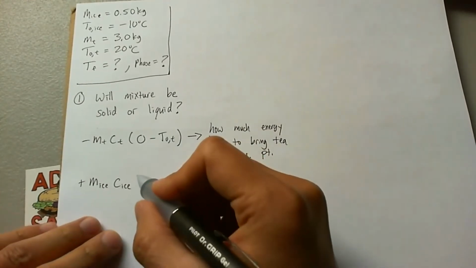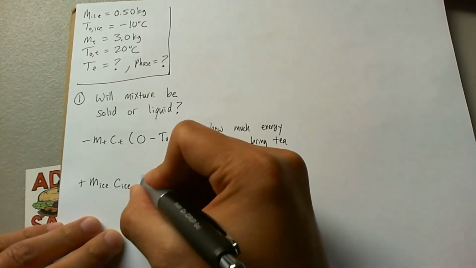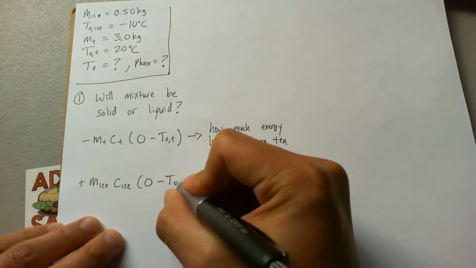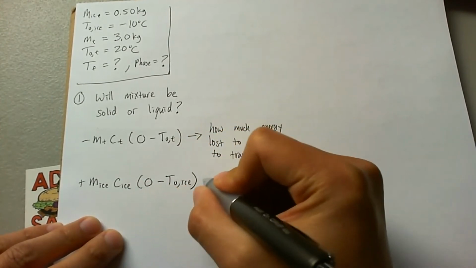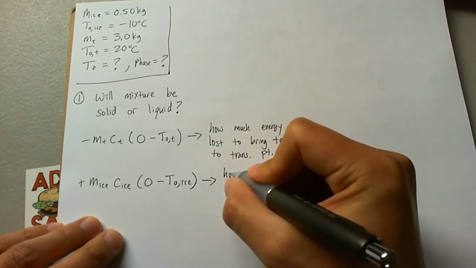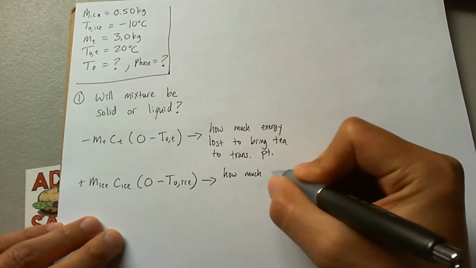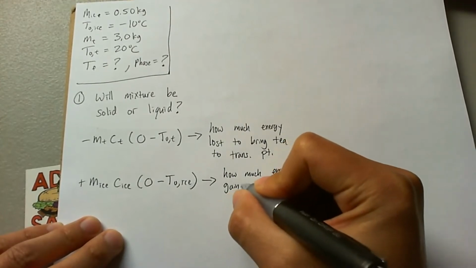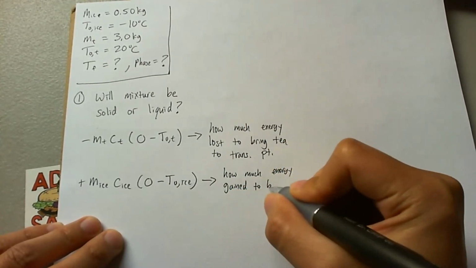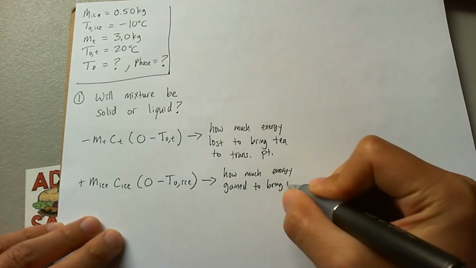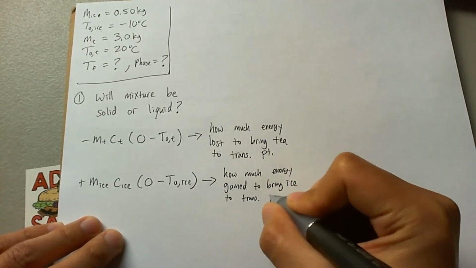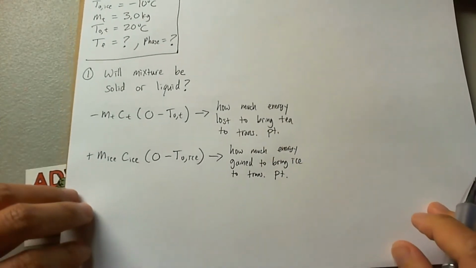Okay, so all we're going to do is bring the ice to the transformation point of 0 degrees Celsius, subtracted with the initial temperature of the ice. And again, this is how much energy gained to bring ice to transformation point. Excuse my chicken scratches.